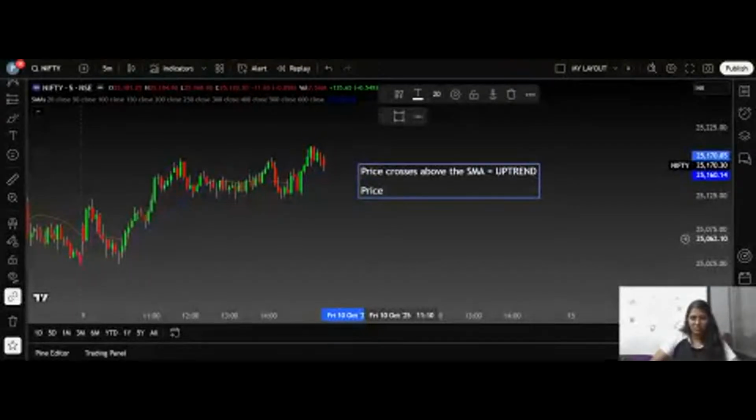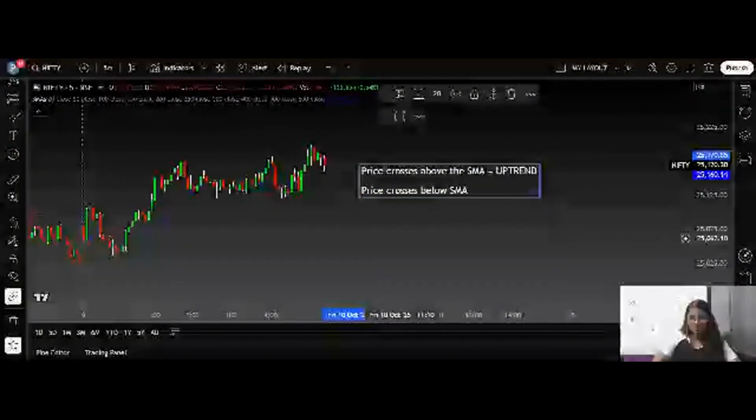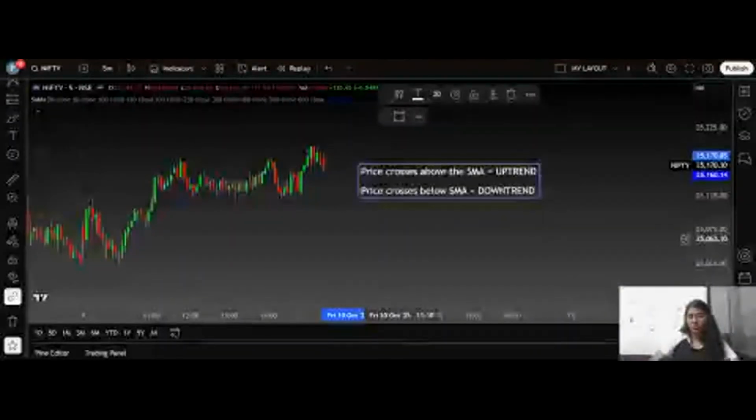Similarly, if the price crosses below the SMA line, then according to the definition, this will be the downtrend.